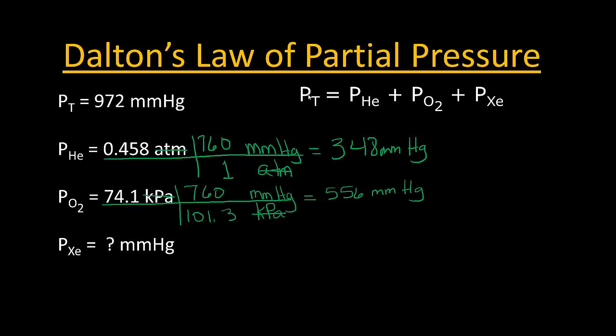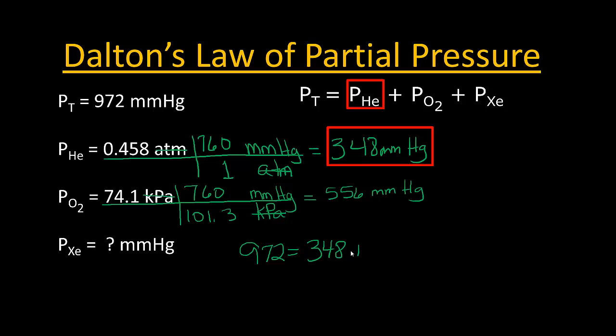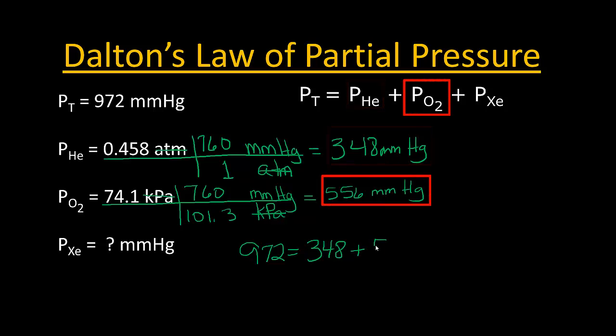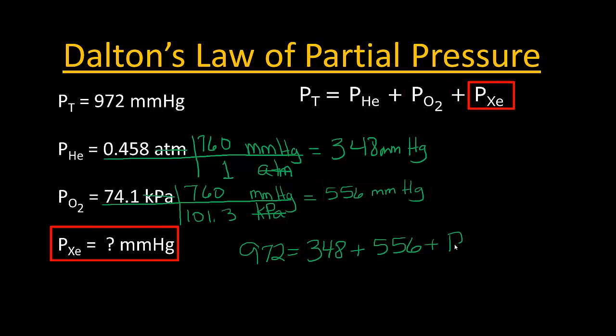Now I'm going to use my formula up here. My total pressure is going to equal my pressure of helium plus my pressure of oxygen plus my pressure of xenon. I'm just going to go ahead and plug in all my values. So PT, 972, is equal to the pressure of helium, which is 348, plus the pressure of oxygen, which is 556, plus the pressure of xenon.